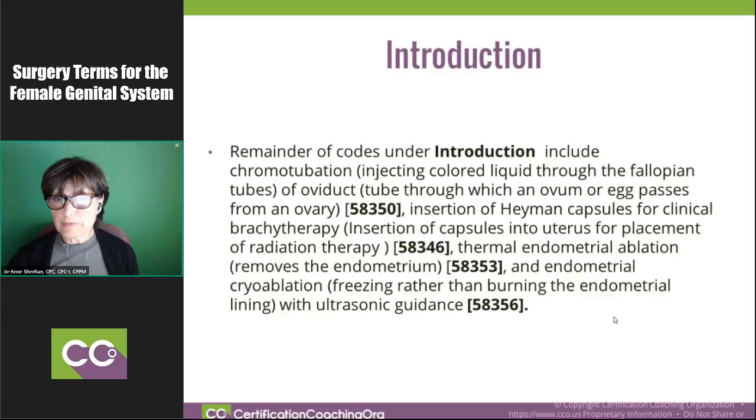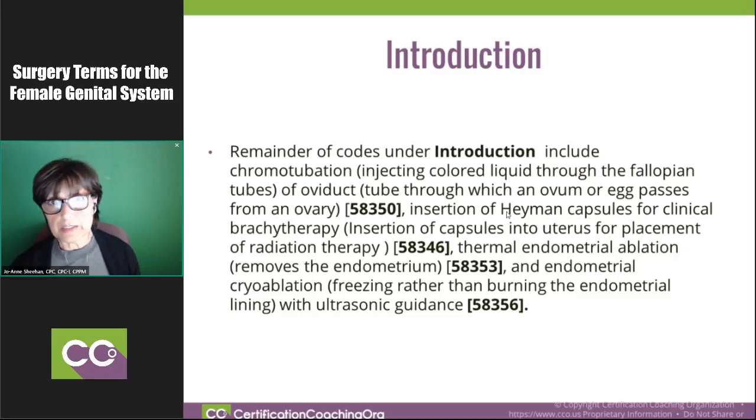Then we have 58346, which is thermal endometrial ablation, and that's just removing the endometrium. 58353 is endometrial cryoablation, which is freezing rather than burning the endometrial lining. And if you code it with ultrasonic guidance, you would use 58356.